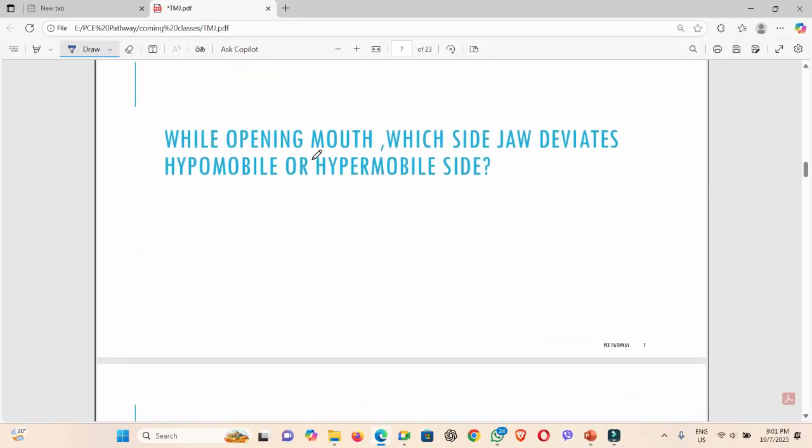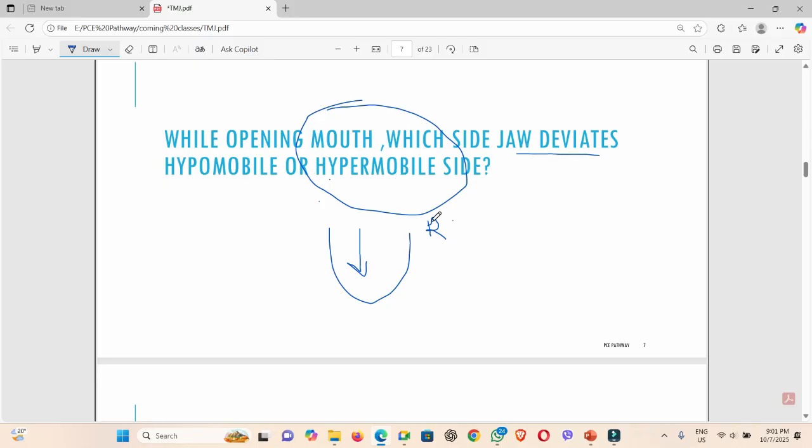Now, while opening the mouth, which side does the jaw deviate to, the hypomobile side or the hypermobile side, guys? Let's say this is the jaw, and you are looking from the frontal plane. If the right side temporomandibular joint is hypomobile and the person opens the mouth, which side will the jaw deviate towards?